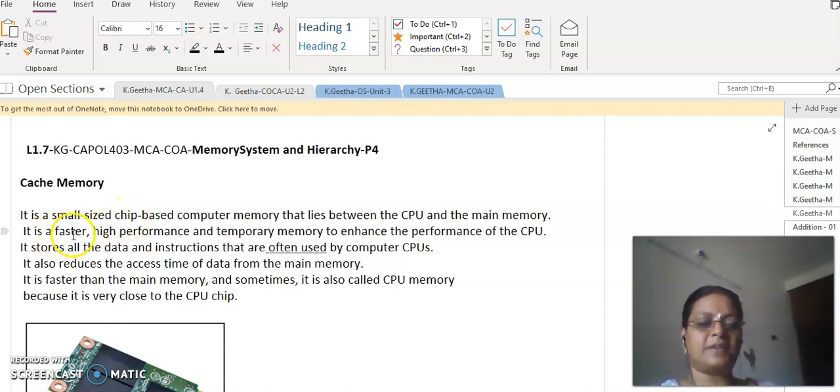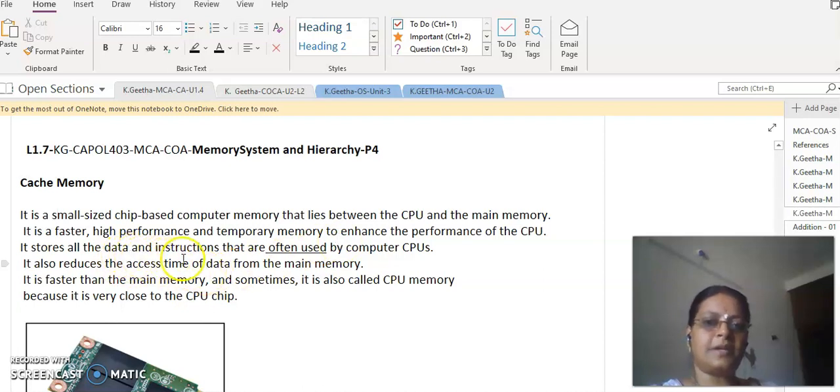It is faster in rate, but of course the capacity of this cache memory will be very much limited, and it is very much noted for its performance. The cache memory is generally used to enhance the performance of the CPU because of its faster operating speed, and the size of the cache memory is always limited, and hence only the frequently used items are going to be brought into the cache memory.